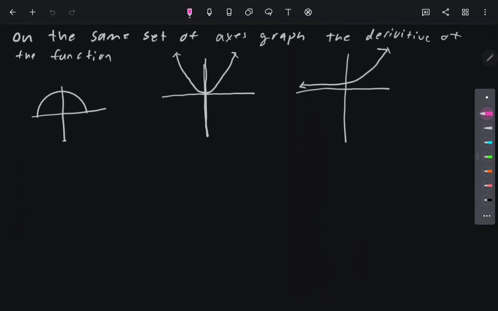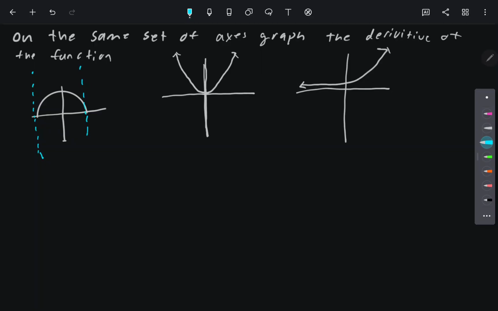Alright, continuing on, this is the last thing I have for you today. We need to sketch on the same set of axes the graph of the derivative of the function. I'll give you a moment if you want to try to do this on your own. What I'm going to start out by doing for this farthest left one is draw in 2 asymptotes. The reason why is as you get closer and closer to this point on the circle, it's approaching infinity.